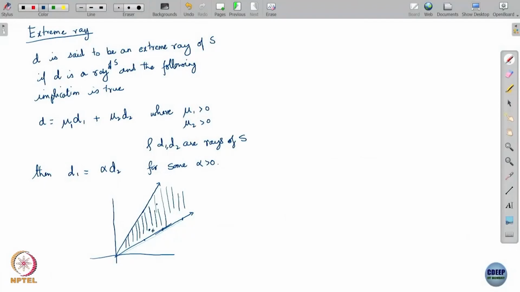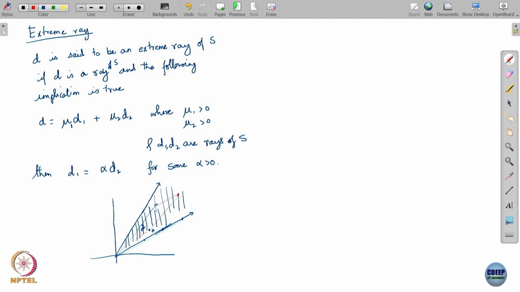Is this clear? Okay. So, I will just illustrate this for you. Here is a point x, for example, here is my vector d. If I add d to x, I am effectively going somewhere; I need to just complete this parallelepiped here.